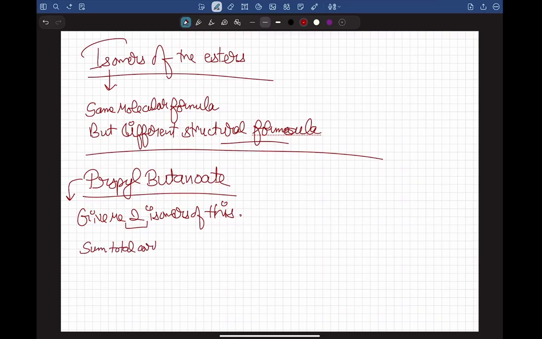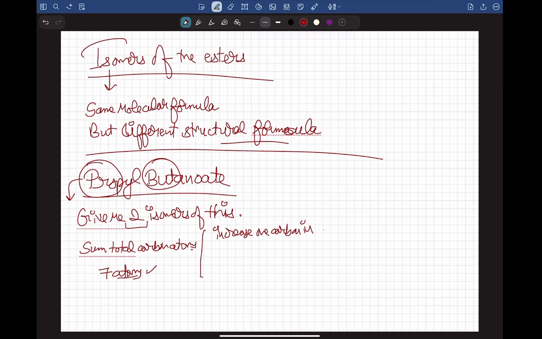total carbon atoms. So in this case, prop is here and but is here. That means 7 carbon atoms are there, right? Now, one thing you can solve this very easily is that you increase 1 carbon in alcohol and decrease 1 carbon in acid.